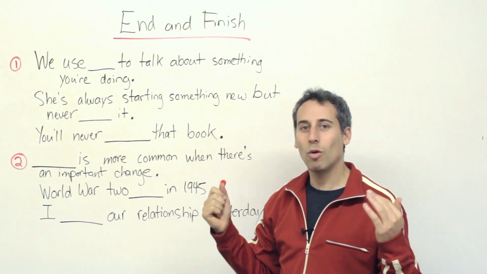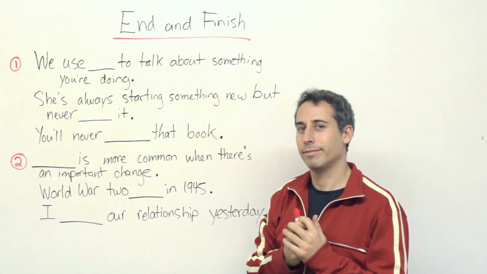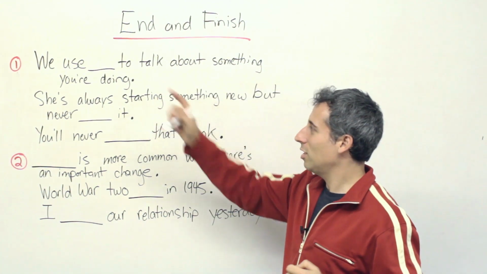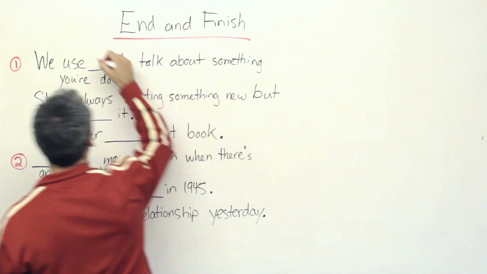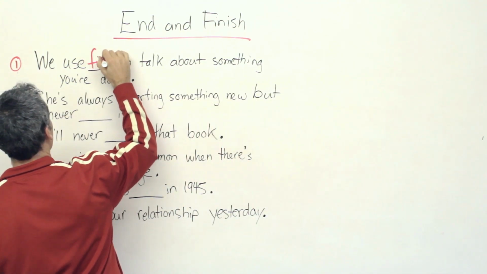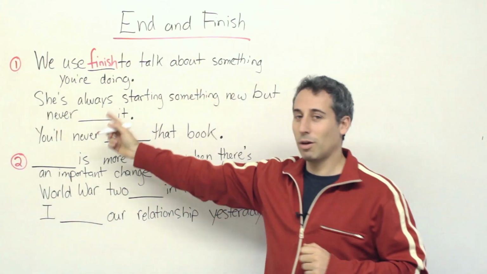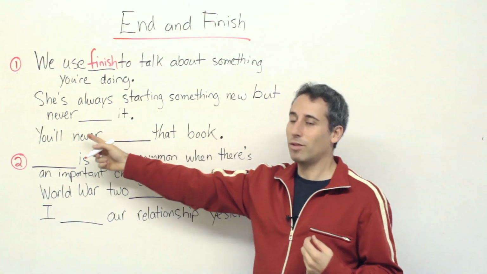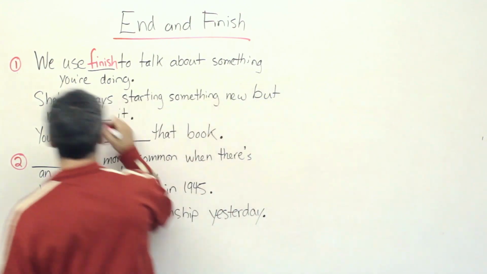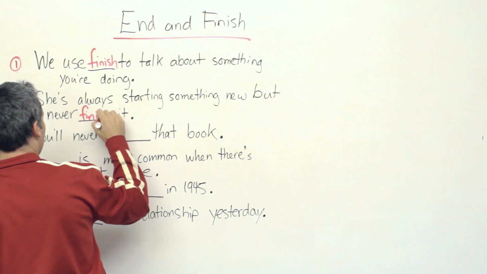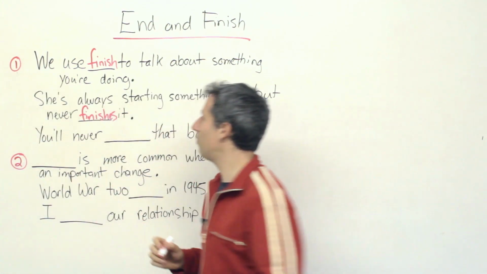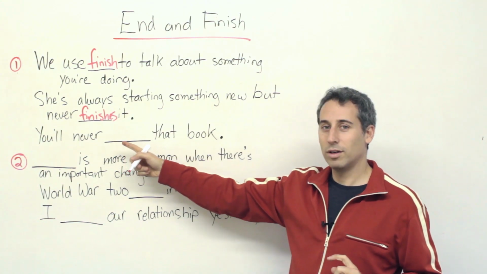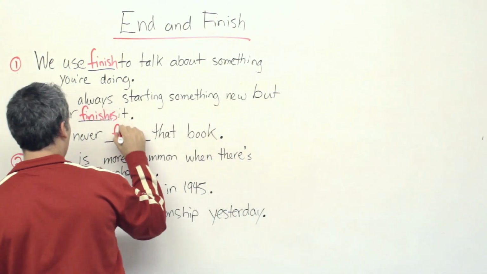Is it end or finish? Okay, I think I've given you enough time. The answer is we use finish to talk about something you're doing. She's always starting something new, but never finishes it. You'll never finish that book.